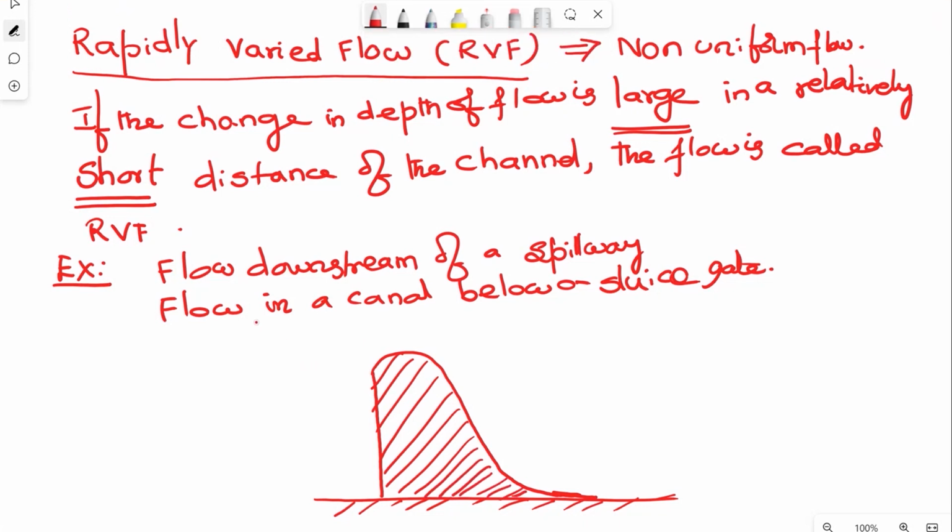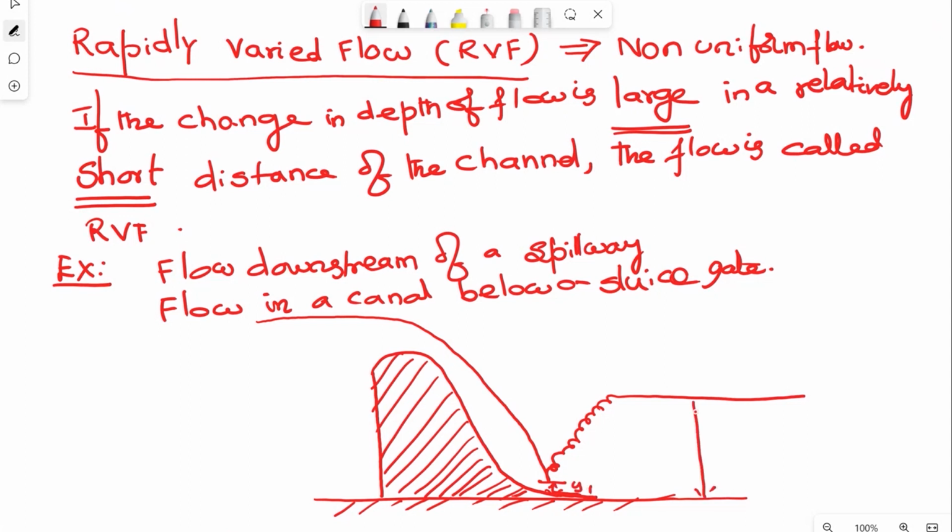Now the flow takes place like this, right? The depth is y1, this depth is y2.